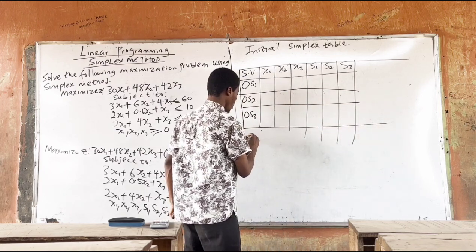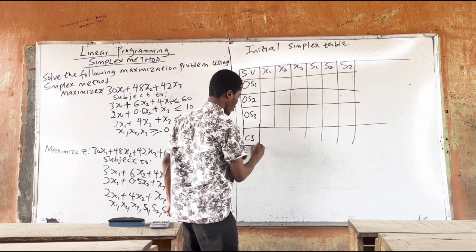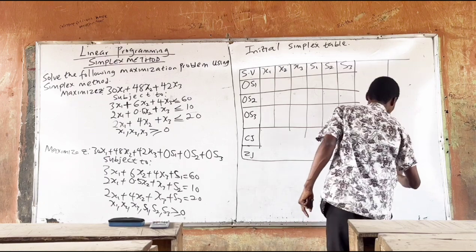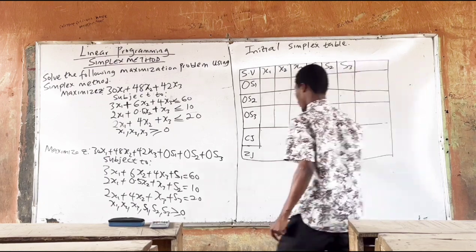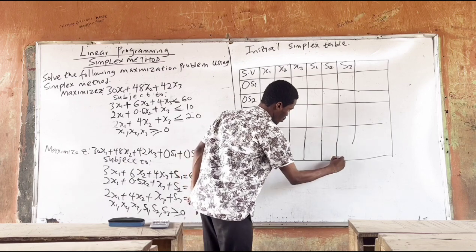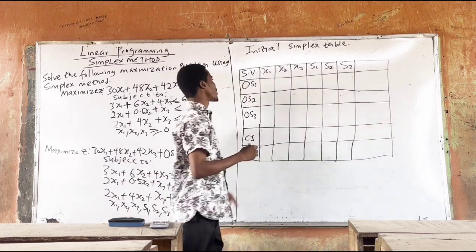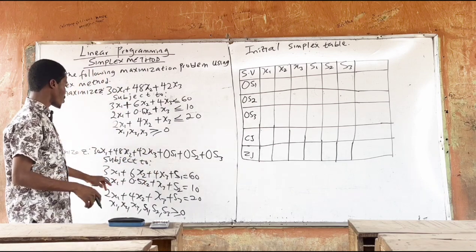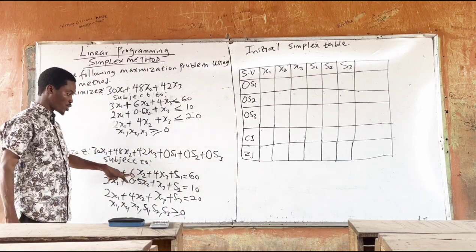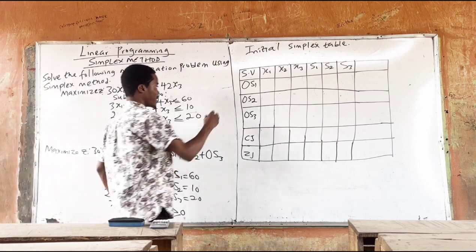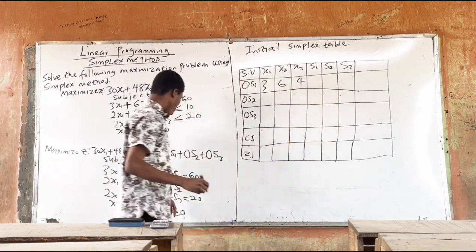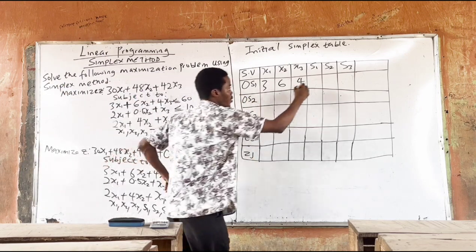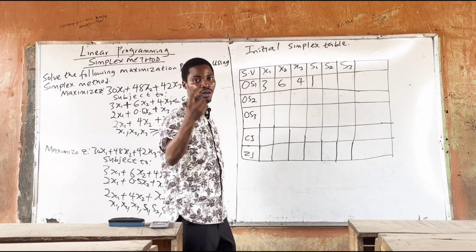Then I'm going to have my Cj and my Zj. Now I will input the coefficients of the constraints. My first constraint: the coefficient of x1 is 3, of x2 is 6, of x3 is 4. I'm going to write 3, 6, 4. Here I had only slack variable 1, so its coefficient is 1. I don't have slack variable 2, and I don't have slack variable 3.